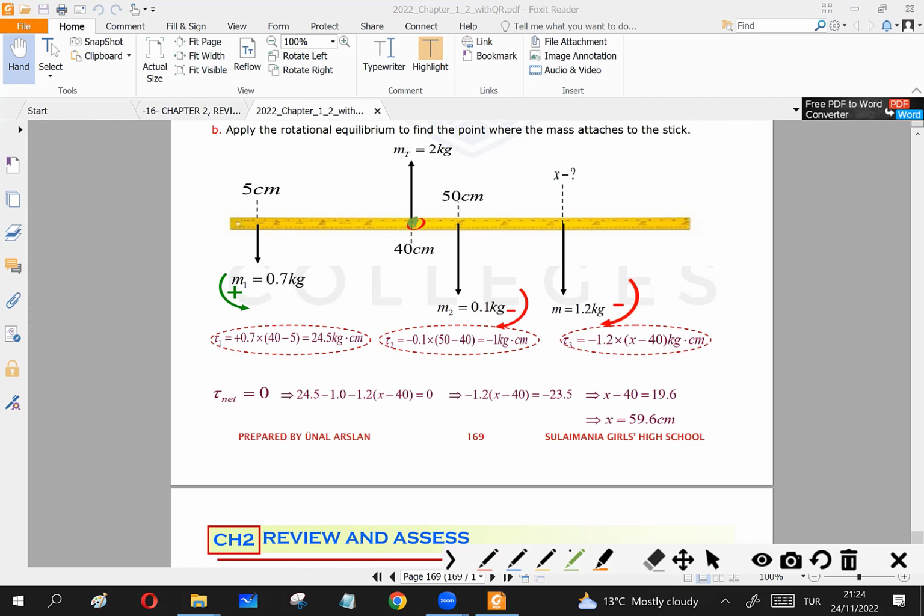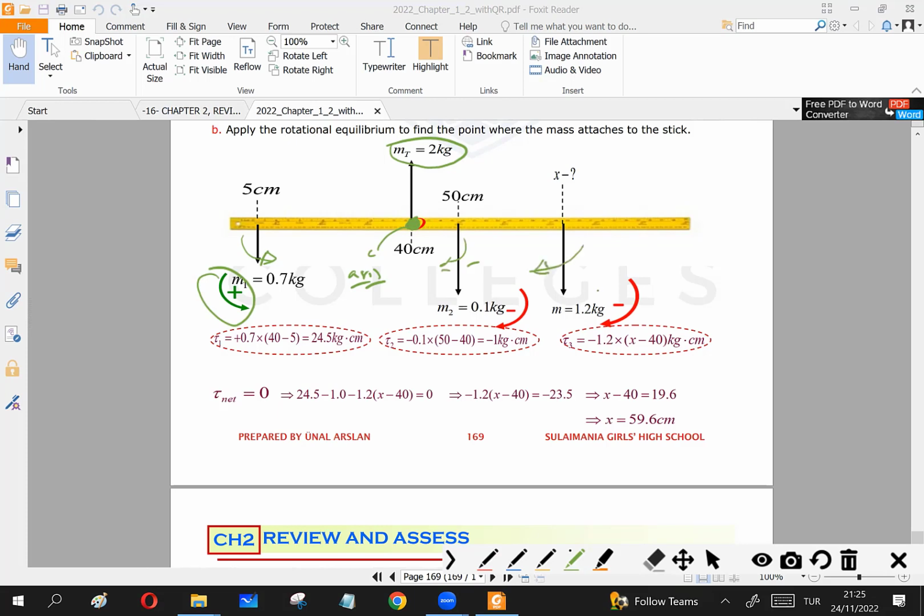Yani, the position of the tension force, the 2 kilogram mass, I indicated as the axis of rotation. I know that that point is 4 centimeters. According to this point, M1 causes a counterclockwise rotation. That's why it produces a positive torque. M2, according to this point, causes a clockwise rotation, negative torque.